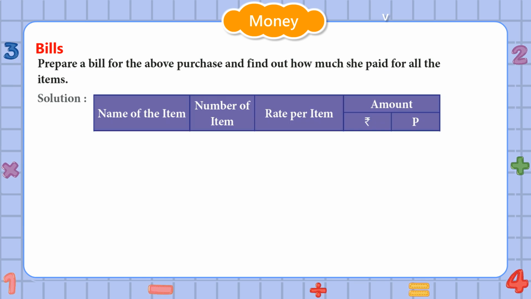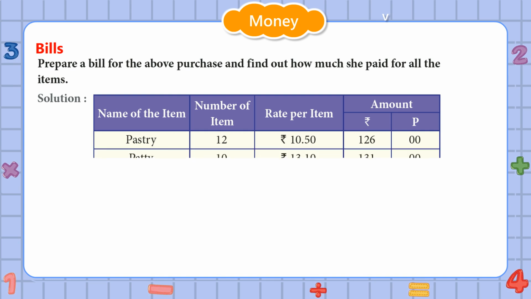Solution. Name of the item. Number of items. Rate per item. Amount in rupees and paise. Pastry. 12. Rupees 10 and 50 paise each. Amount is rupees 126 and 0 paise.